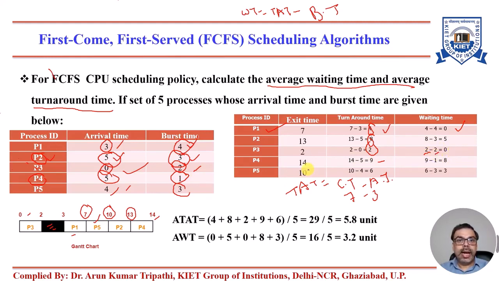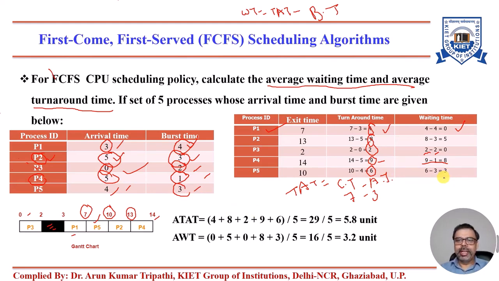For the process P4, the turnaround time is 9 and burst time is only 1 unit of time. That's why it is 8. And for the process P5, turnaround time is 6 units of time, and the burst time is 3. That's why it is 3.